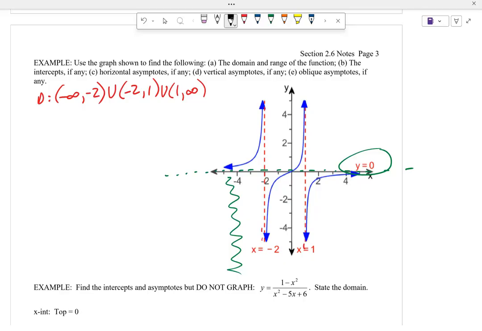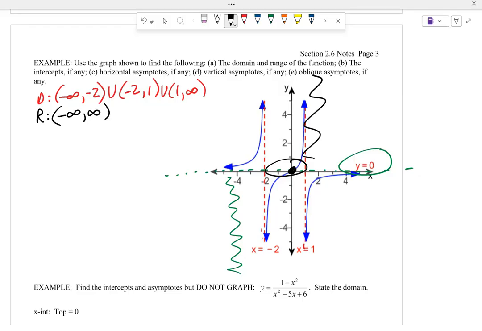Oftentimes not, but if you notice, this one actually does hit right there in black. It actually does cross this horizontal asymptote. So you're not going to cross a vertical asymptote, but a horizontal asymptote sometimes will cross. This one does. Okay. So it does hit a y value of 0, and notice it still keeps going up. So this range actually has no restrictions because it actually hits 0 as well.